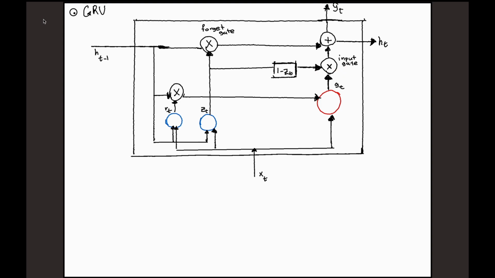If it values the previous states more than the additional information it got, Z becomes close to 1. If it values the new information more, ZT becomes closer to 0. That means it forgets everything that has happened in the past and updates the weights.